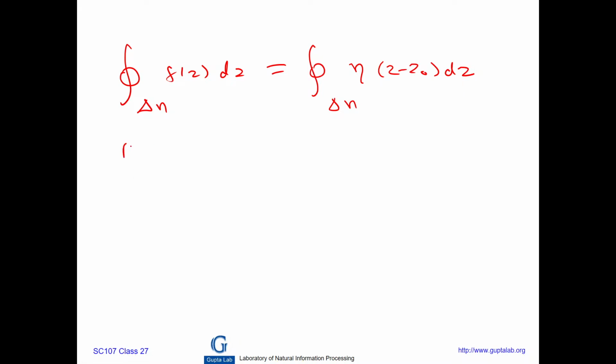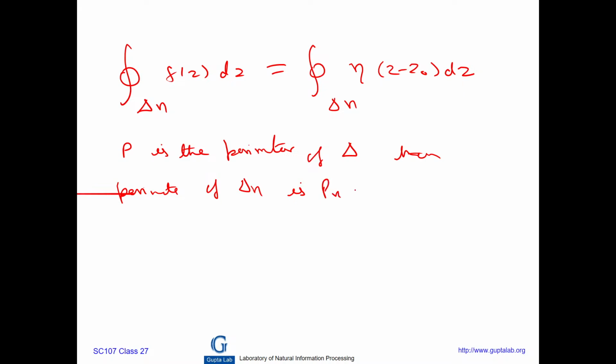Now suppose P is the perimeter of delta, then the perimeter of the smaller triangle delta n is Pn, which is P divided by 2 raised to power n. Fine. Then in that case mod of z minus z0, some things I am leaving for you to verify, is less than delta.